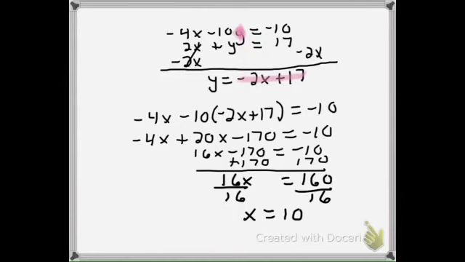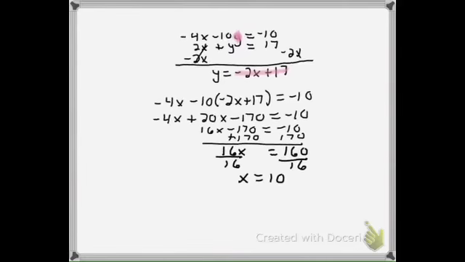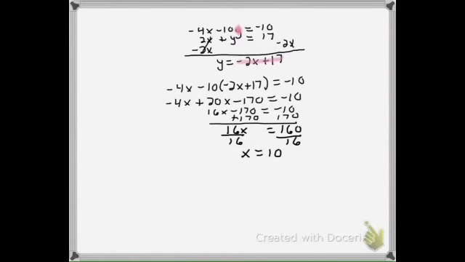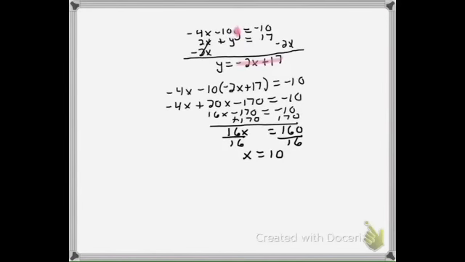Now my next step is to go back because I still have to solve for the y value, and I'm going to plug it into this equation right here. So let me shrink the screen a little bit, more room. So I'm going to change my highlighter color here so you can see what I'm talking about. I'm going to put this value right here back into this equation in the x spot.